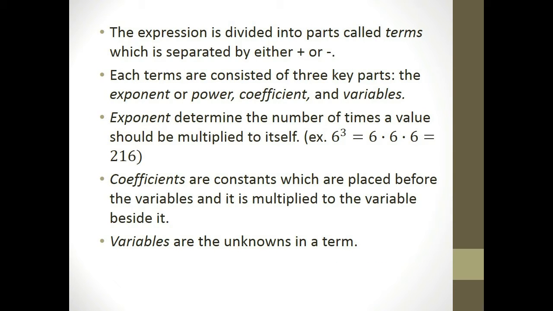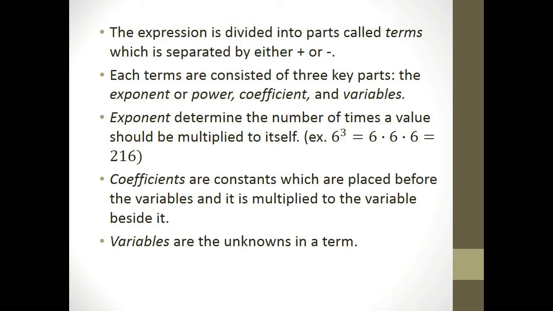The expression is divided into parts called terms, which are separated by either a plus sign or a minus sign. Each term consists of three key parts: the exponent or power, the coefficient, and the variables. Exponents determine the number of times a value should be multiplied to itself.